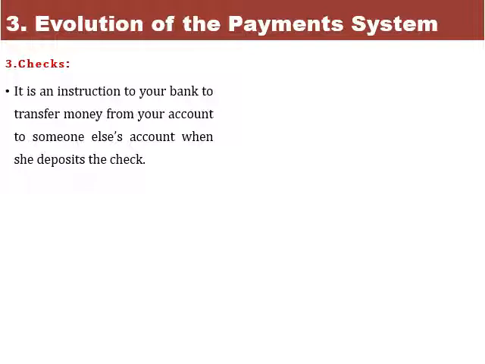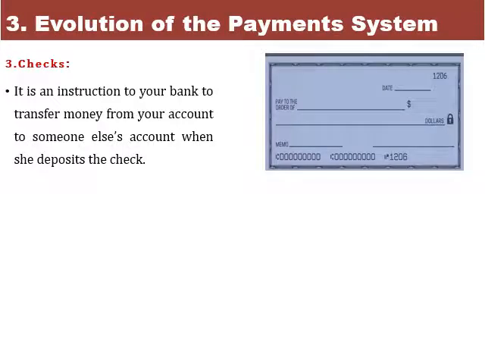So as I said, due to the limitations of fiat money, modern banking introduced checks, which can be defined as an instruction to your bank to transfer money from your bank account to someone else's bank account when he or she deposits the check.